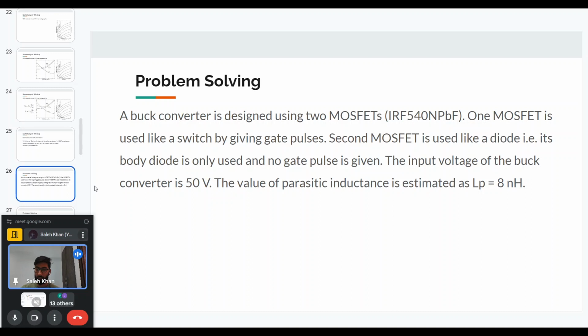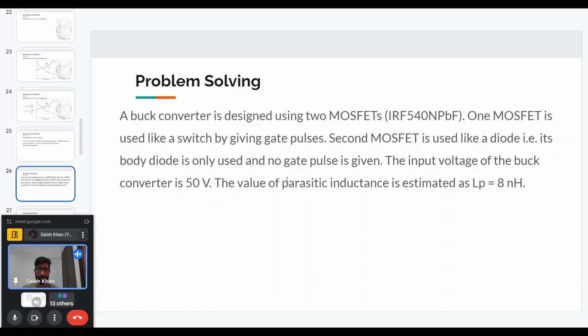So for the problem solving, we have a question that we have a buck converter using two MOSFETs. So it is what is called a synchronous buck converter. However, even though we have two MOSFETs, one MOSFET is used like a switch, the other MOSFET is used like a diode. So even though the circuit is a synchronous buck converter, it is operated like a normal buck converter.